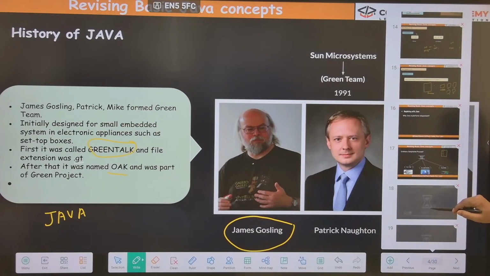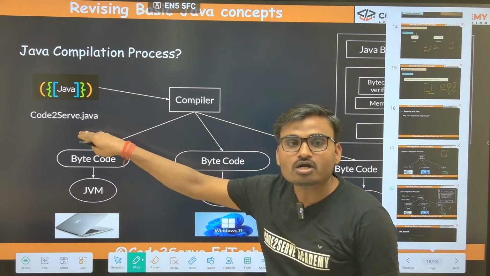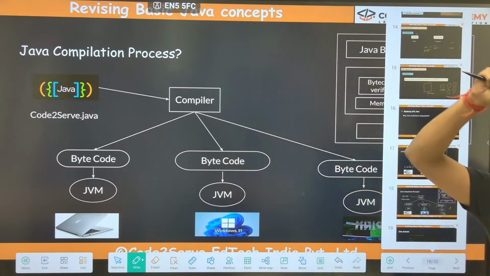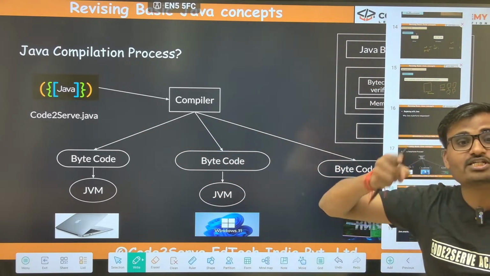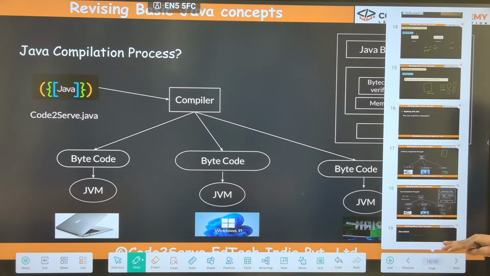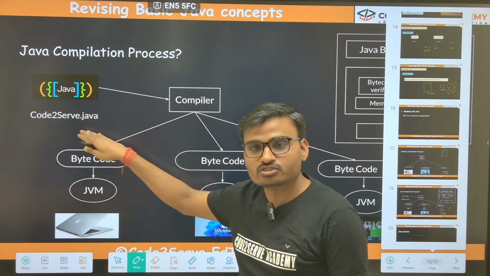So whatever file we are saving is with .java. Got my point? Initially it was developed under the name Green Talk, that is why we were saving as .gt, but today the name is Java. So we are saving that file, the source code, using .java.